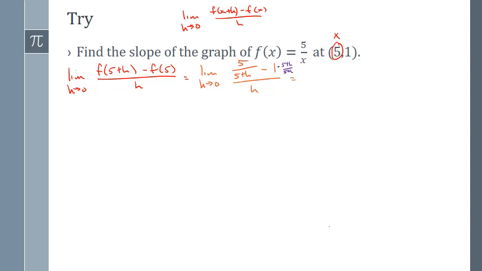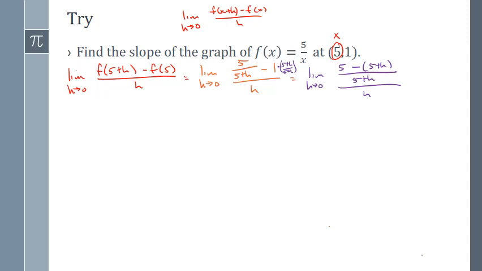Just the limit as h goes to 0 of 5 minus 5 plus h all over 5 plus h, that whole thing over h. So I simplified this top complex fraction into one big fraction.